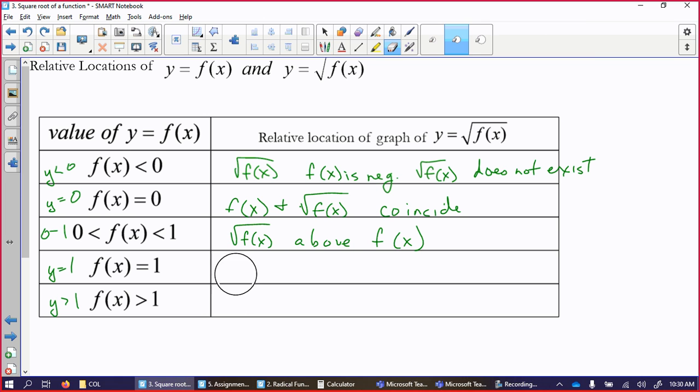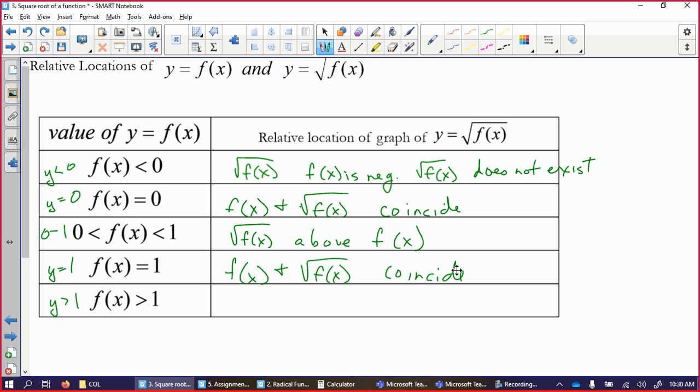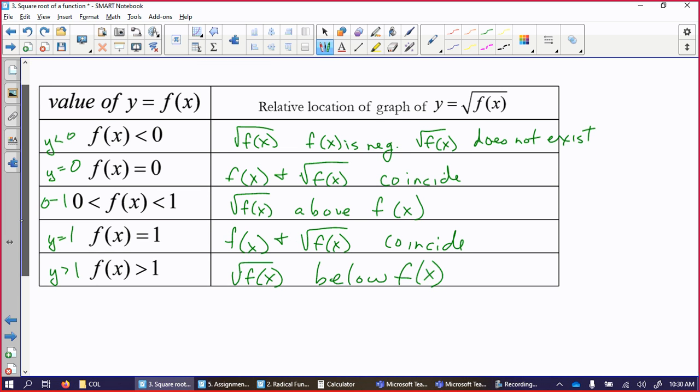This is the second point. The square root of 1 is 1, and then generally, once you get above 1, the square root of 2 is 1.43, the square root of 3 is 1.7, the square root of 4 is 2, that sort of thing.